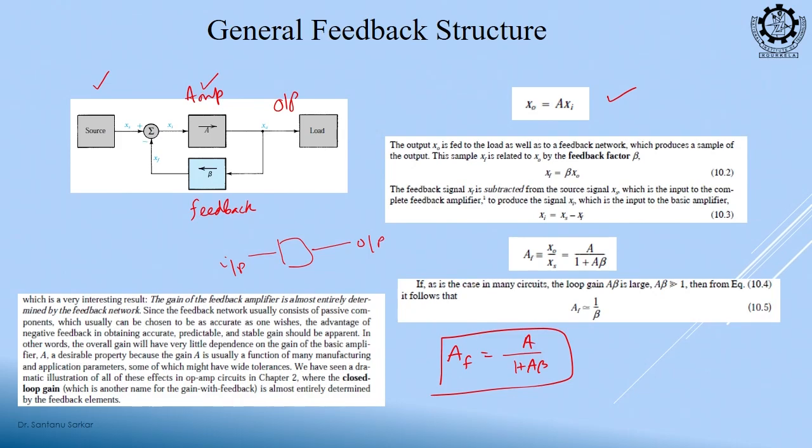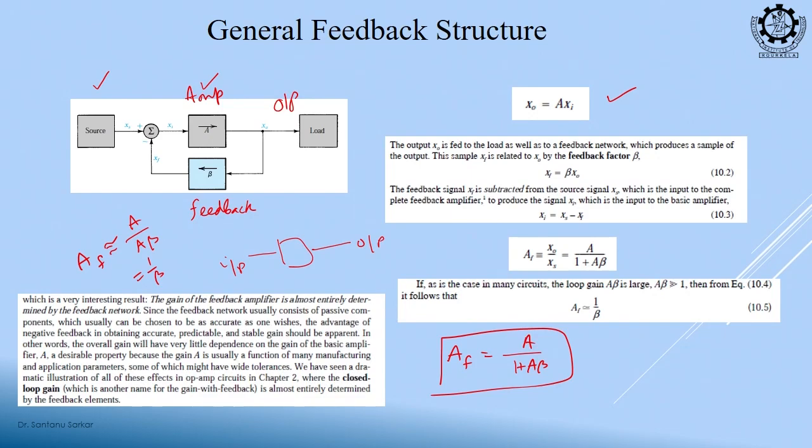Now, one important thing: suppose your A is quite large. So, the A beta term should be much greater than 1. If you neglect 1, it becomes A by A beta, so you see in closed loop the A term is not there. Understood.